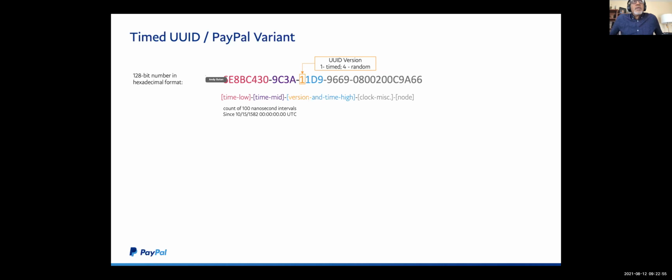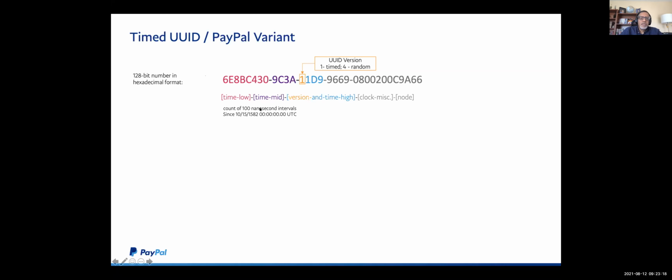So there is something called UUID. It's a universal unique ID. And if you go to Wikipedia, you can search on this UUID. But we took this UUID and created what is called a timed UUID, which is a PayPal variant, right?